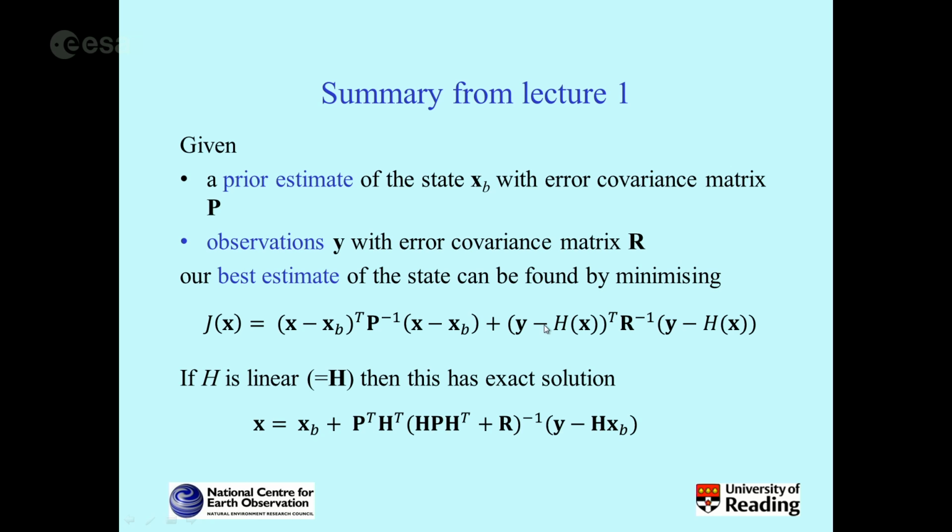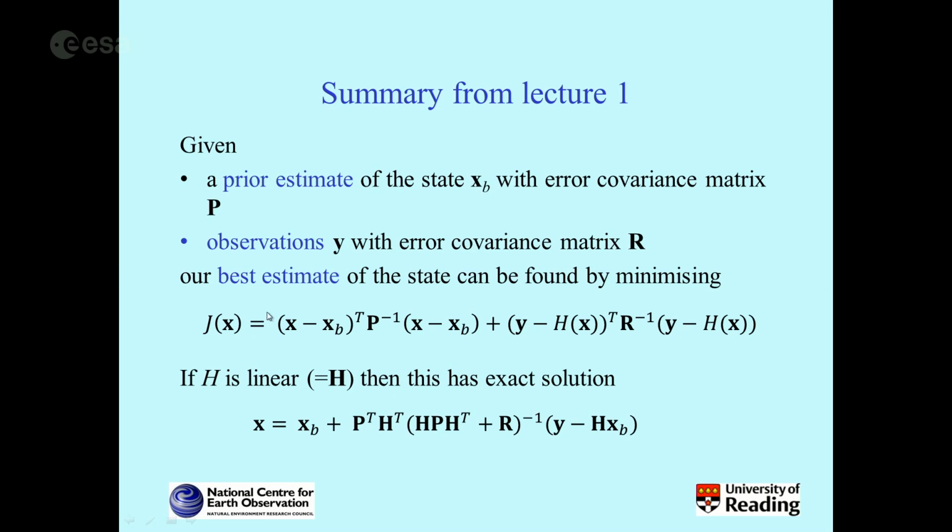I'll show in a moment a different way, more thinking of the dynamical systems way, to get to the same idea. But essentially we have a least squares problem where we're trying to find the state X, which is close to our background, weighted by the inverse of its errors, and is close to the observations Y, weighted by the inverse of its errors, where this H maps our state to our observations, so converts our model state into the equivalent of what we're seeing in the observations.